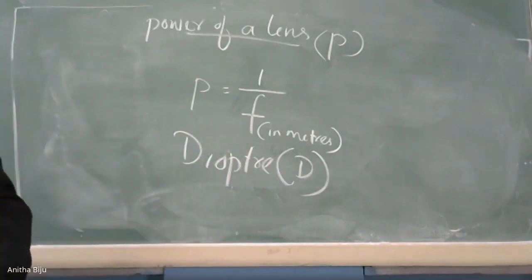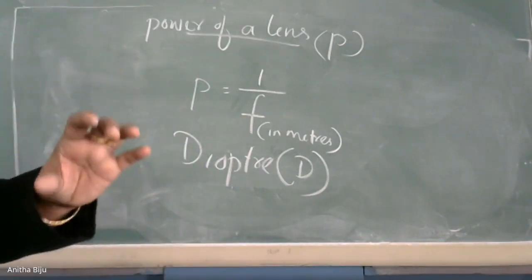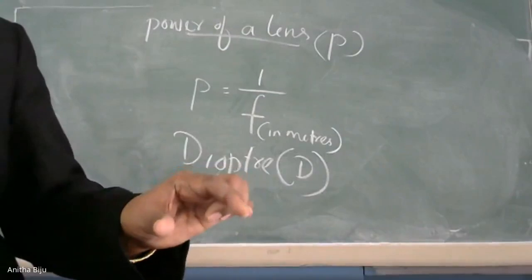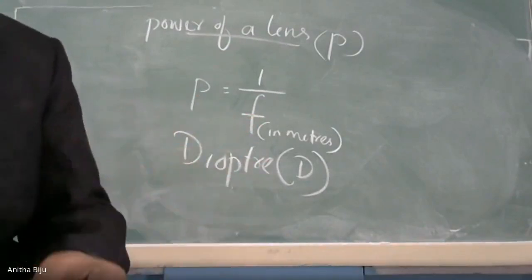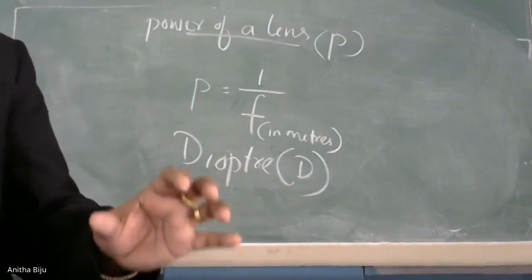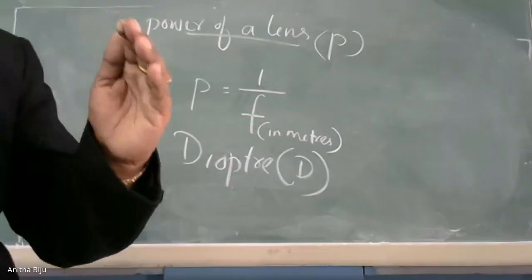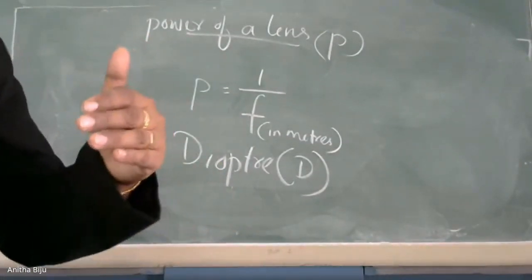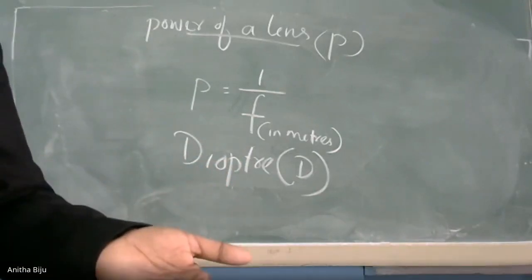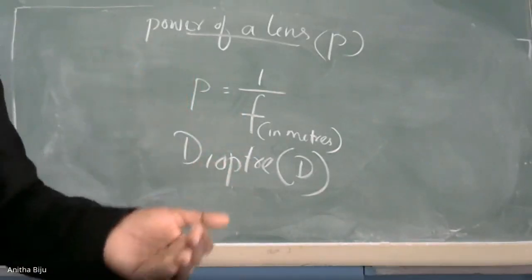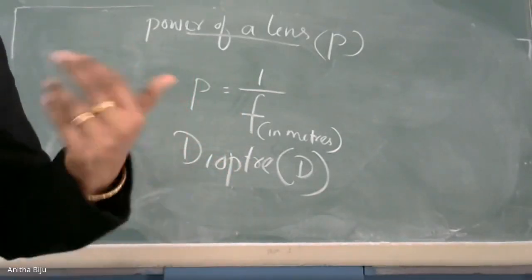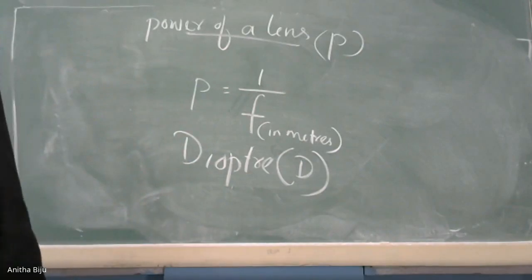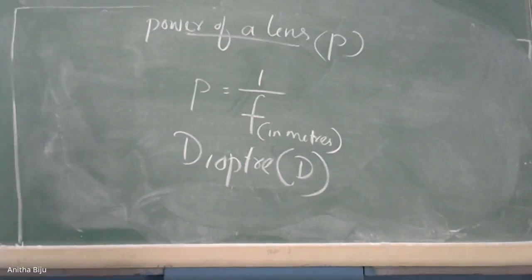Suppose in some cases we have to use a combination of lenses, like one concave and one convex, or two convex lenses or two concave lenses. For different purposes we use combinations of lenses. In those cases, how do we calculate the power of that combination? Very simple rule.